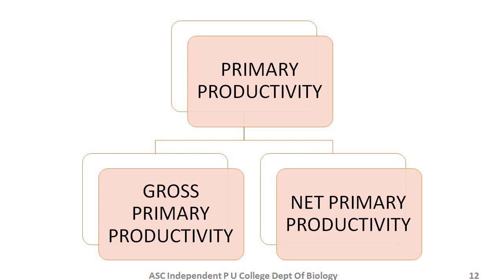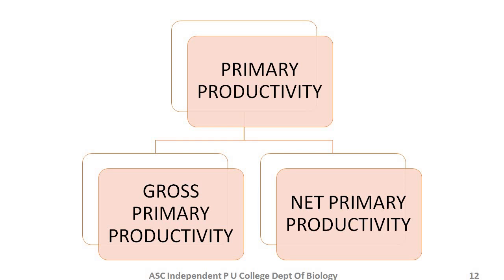Respiration is a catabolic process where organic matter will be broken down into simpler substances and energy will be released. So if 200 grams are utilized, what is the left amount of organic matter? That is 1800 grams. So now this 1800 grams is our net primary productivity.